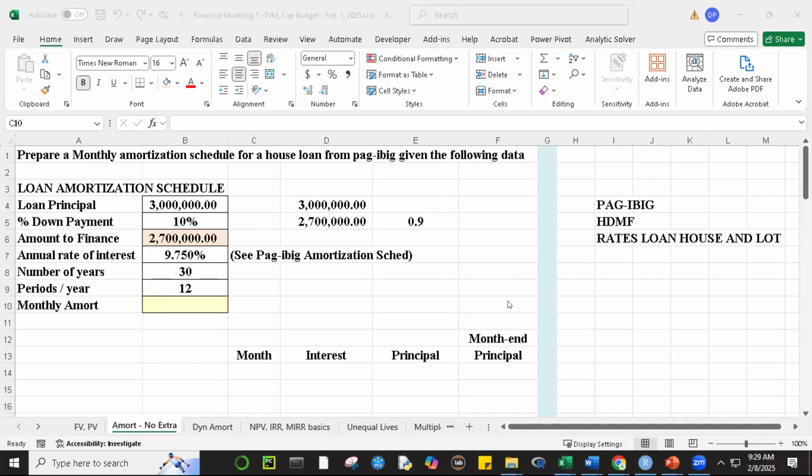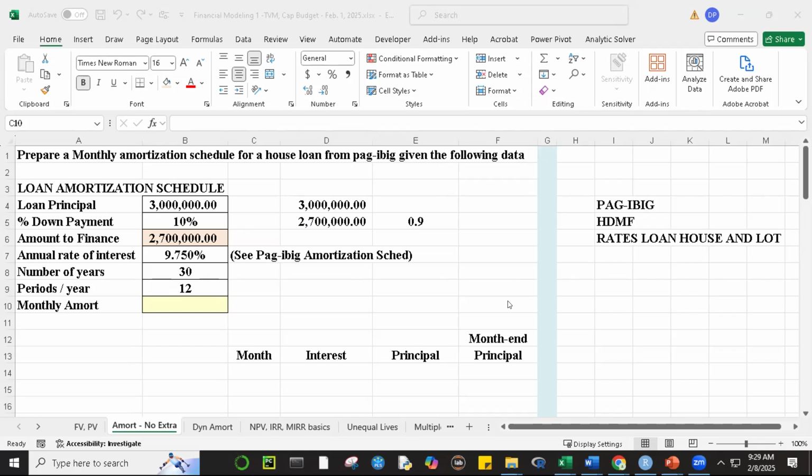It's PMT function. Could you explain why, Aliana? Because we're looking for the monthly payment po, sir. So monthly amortization refers to that. Yes, correct. Thank you. Very good.